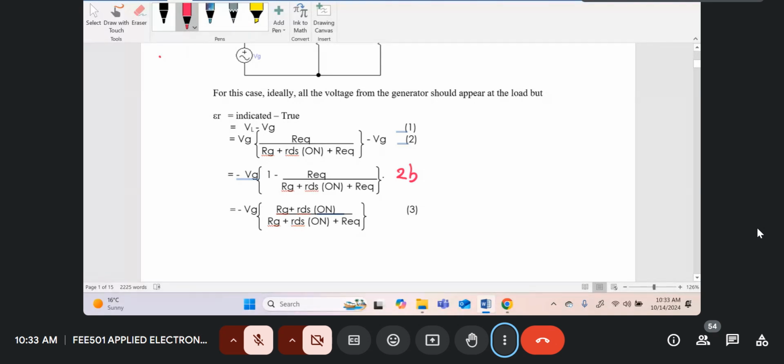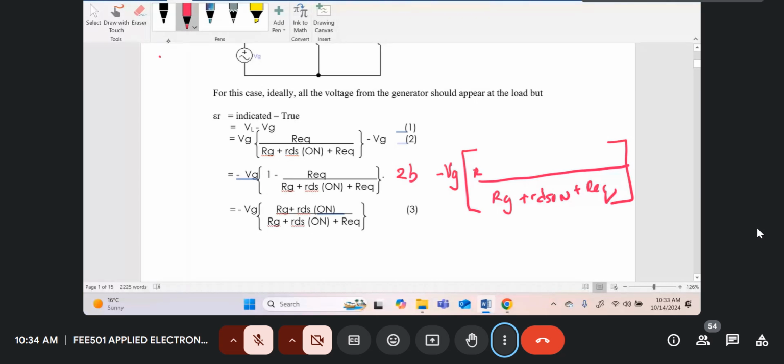But we want it in the form of equation 2b. So if you make a common denominator, which is RG plus RDS on plus R equivalent, then the numerator, I think I've done this in the last class, is minus VG all into RG plus RDS on plus R equivalent, minus R equivalent.